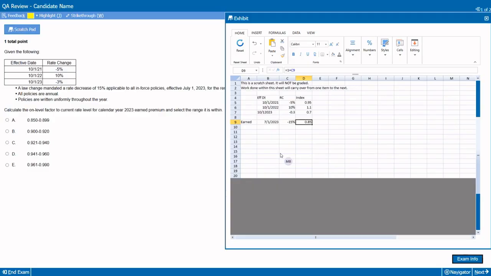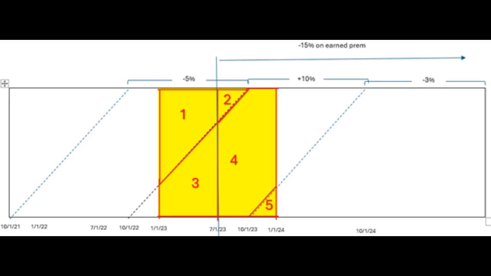So what I'm doing is I am drawing a timeline and I'm going to create some parallelograms here. The first section is for October 1st, 2021 to October 1st, 2022. And that's the period where all of the written policies have a minus 5% rate change.